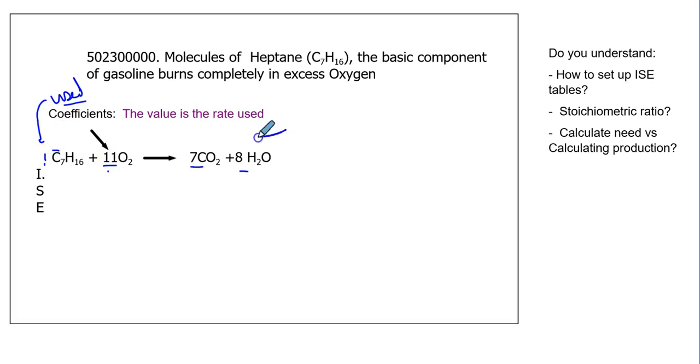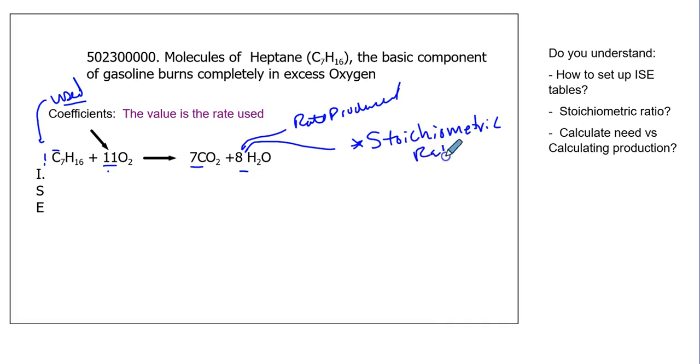And these guys here are the rate produced. So, assuming you have none of this to begin with, you should end up with more water than carbon dioxide, particle-wise. That's another really important thing here: these ratios are called your stoichiometric ratio.